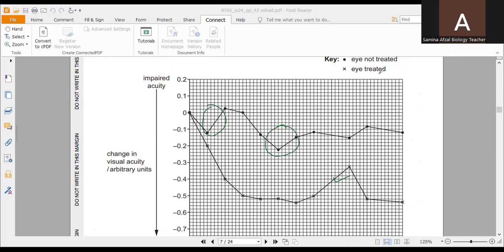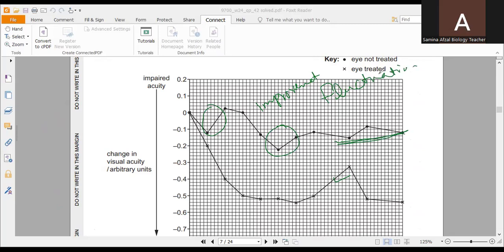And then again, you can see the fluctuations.